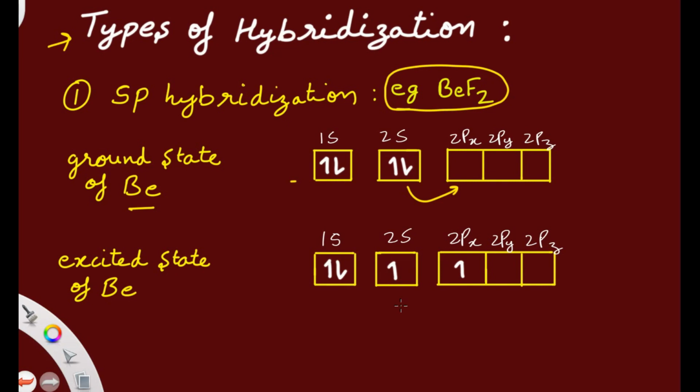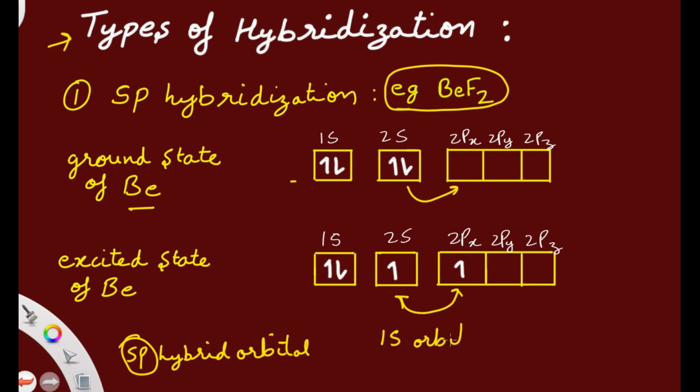Now in hybridization, the 2s and 2px orbitals will intermix with each other to form a new set of orbitals called sp hybrid orbitals. Now why is it sp? Because the intermixing is taking place between one s orbital and one p orbital.